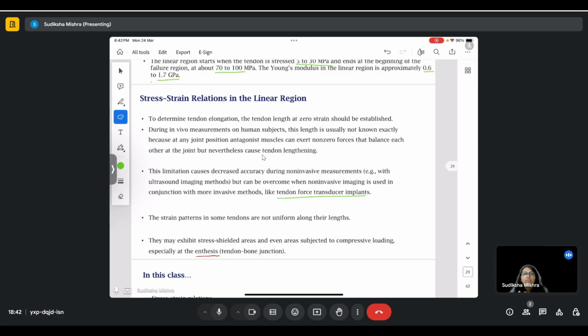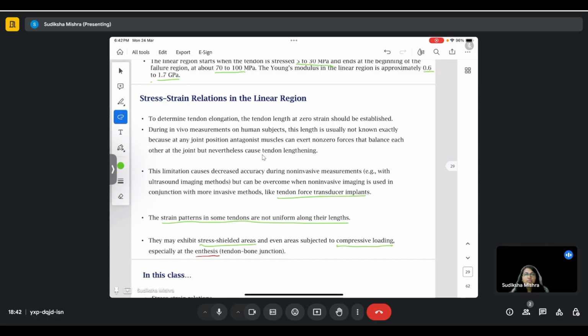Also, one more problem that arises is, one, the zero strain length is not known. The other problem is that the strain pattern in some tendons is not uniform along their lengths, and they also might exhibit stress shielded areas, or even areas that are subjected to compressive loading, especially at the bone junction.